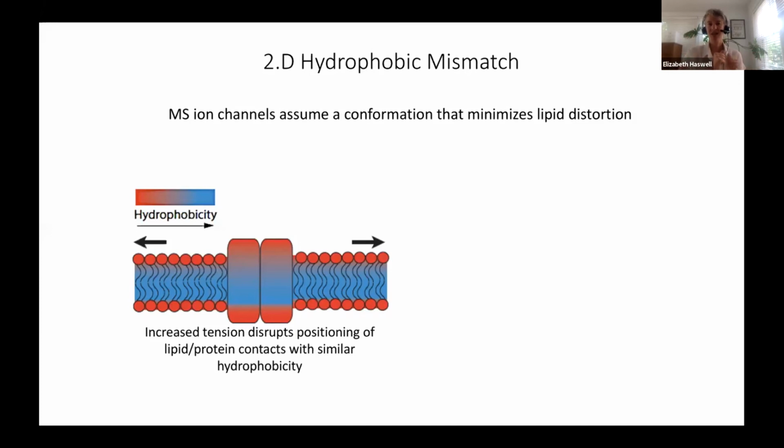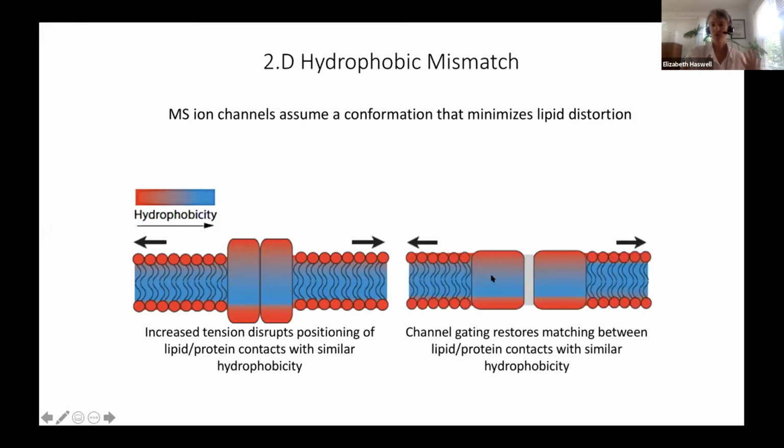The membrane gets thinner as it gets stretched, and that can create, here in red, areas of the ion channel that are hydrophobic but are now exposed to the hydrophilic cytoplasm or extracellular space. And so the ion channel will reorient in order to keep those transmembrane helices embedded in the membrane and restore matching of lipid protein contacts that have similar hydrophobicities.